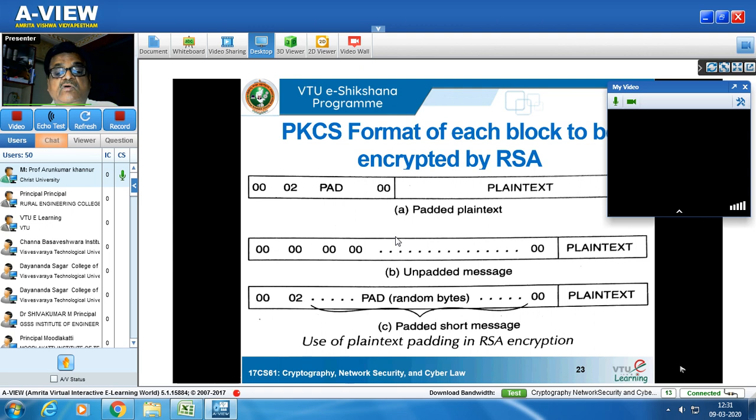Now the original plain text, which was small, because of this addition of 00 and 02, followed by 8 bytes, then 00, becomes a large message.